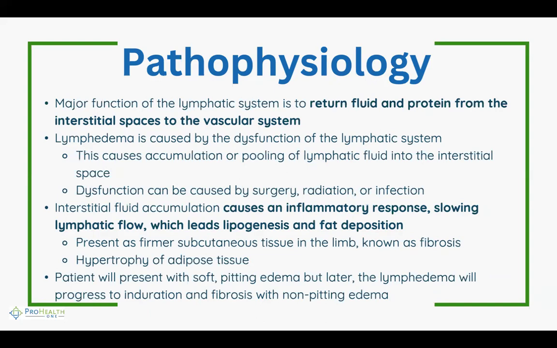That accumulation of excess lymphatic fluid causes an inflammatory response, which usually leads to extra fat generation and deposit in the tissues, which causes a lot of the characteristics that you see with lymphedema. Usually things like fibrosis and hypertrophy of adipose tissues, which will present as enlargement of the limb, and then the skin changes that you typically see.